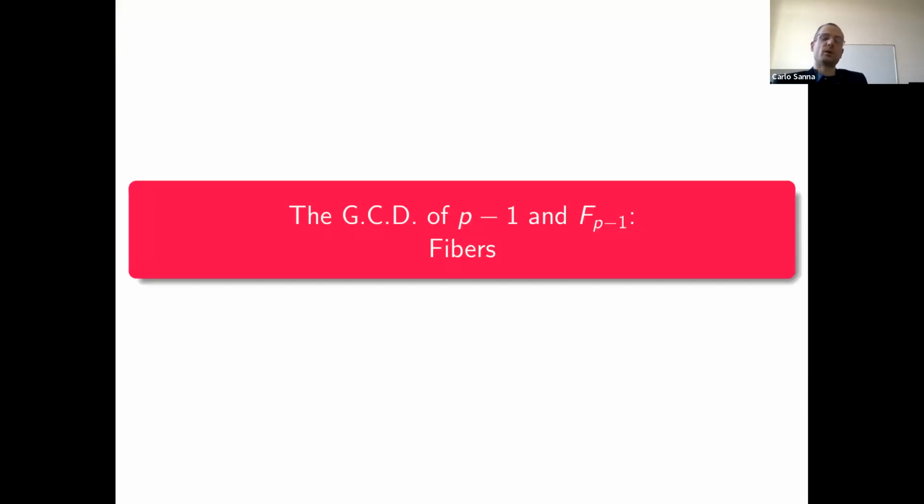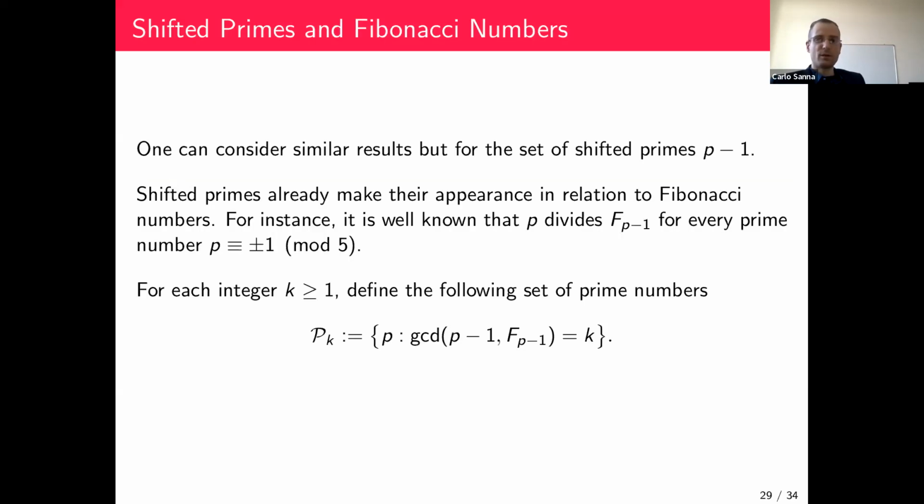All right, and now we can move to the second part of the talk, which however is shorter, which regards the GCD of a shifted prime and the corresponding Fibonacci number. So this is a variation.